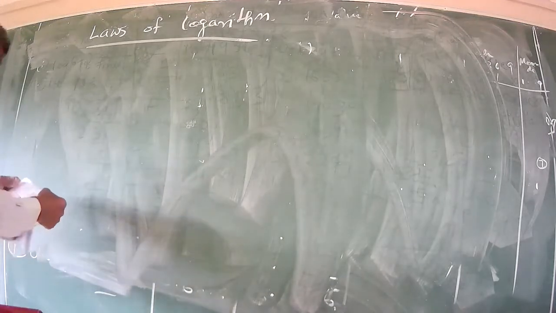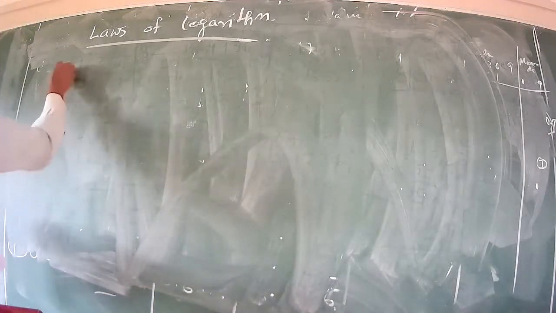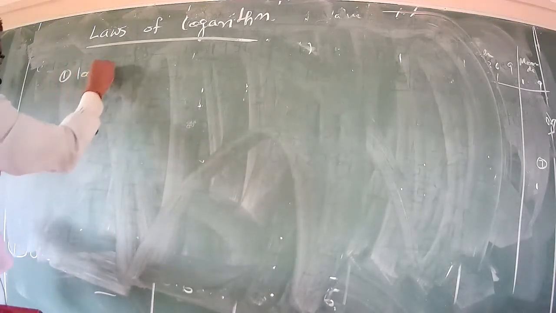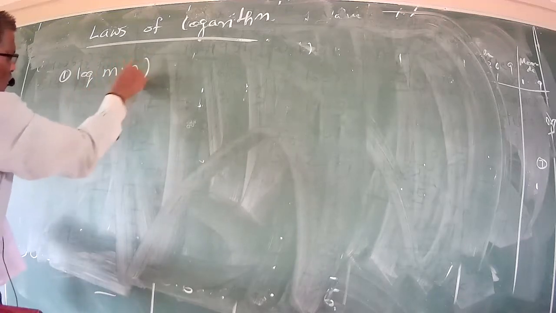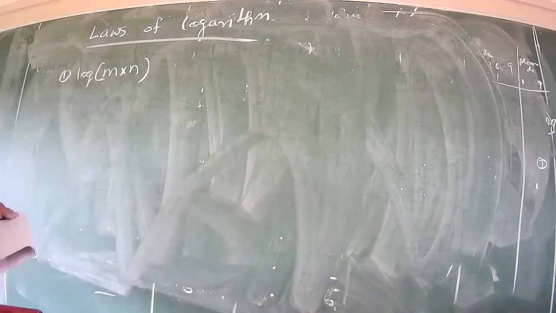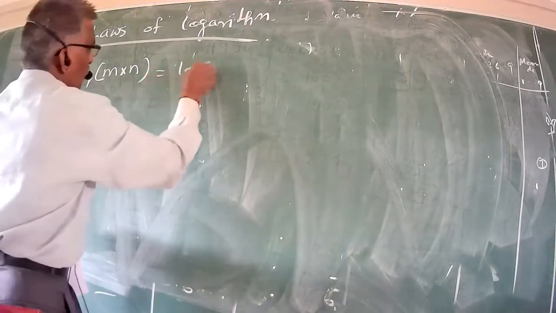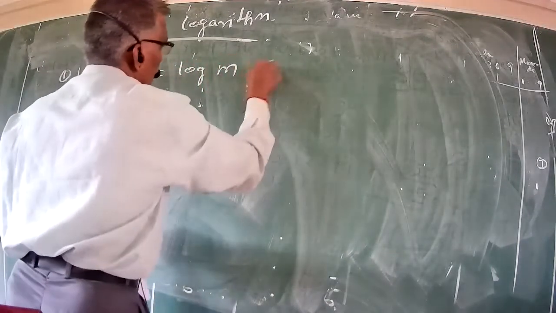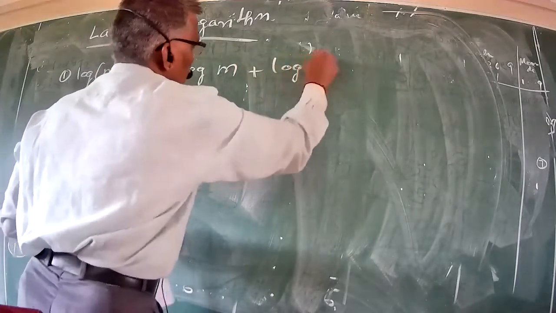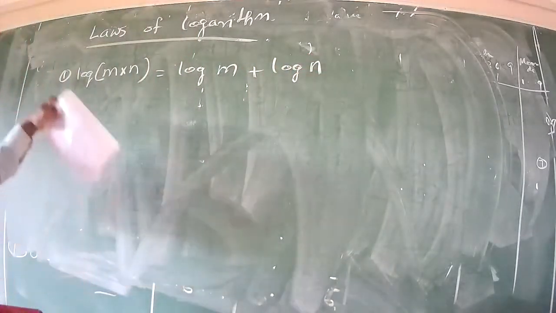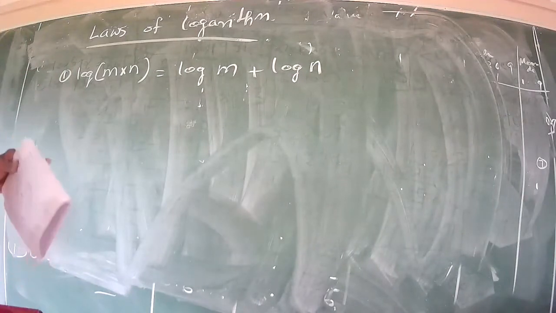The first law is the logarithm of mn, m into n. This is a product of two numbers. Log of m into n equals log of m plus log of n. Suppose the base is 10, that is understood.